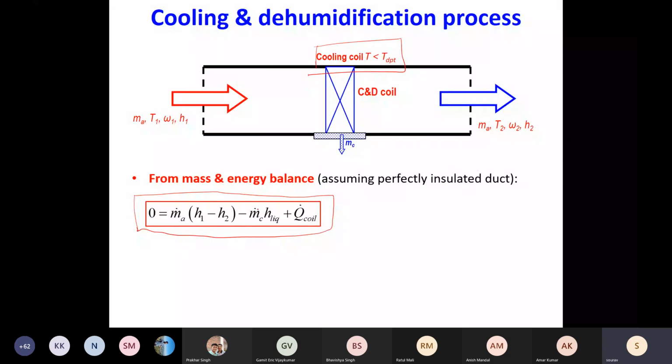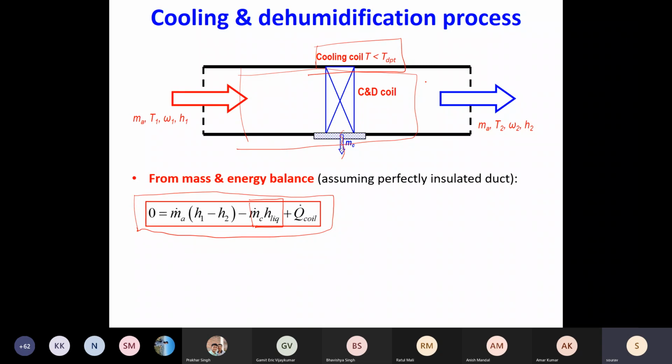You will again have some liquid water which comes out of your control volume. This also happens in your AC. If you have a window AC, water continuously drips from the backside, or if you have a split AC, there is a small rubber pipe which goes out through the wall and continuously drops all the liquid water outdoors.